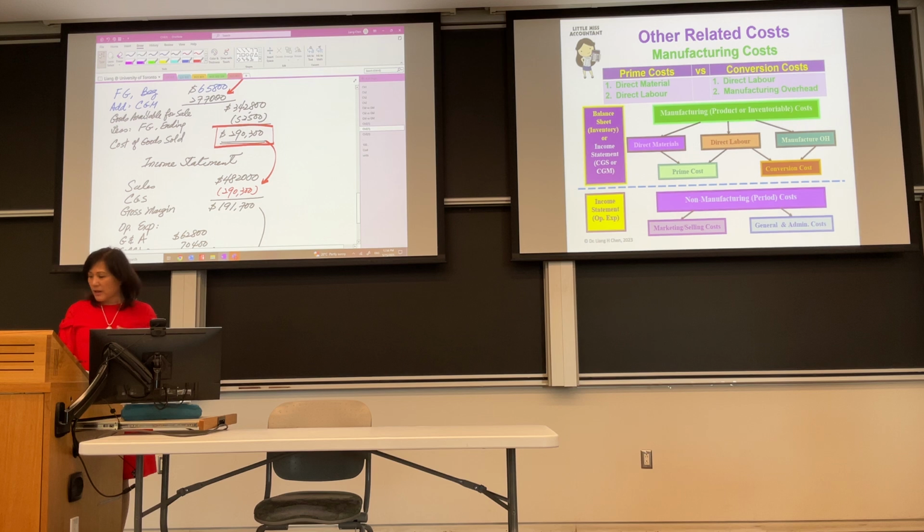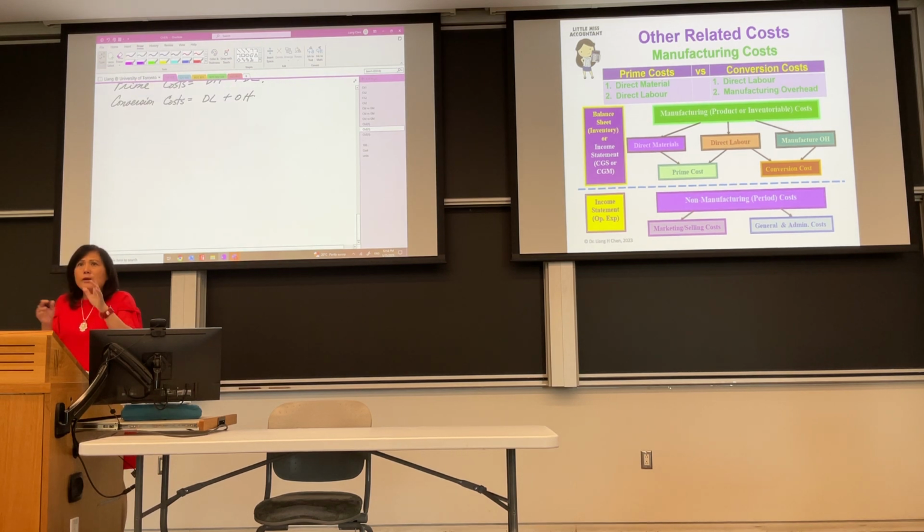For example, I will say, I want you to know the relations among the three costs, okay? Because in the next accounting class, you need to figure out the ratio, okay? So direct material, direct labor, manufacturing overhead costs. These are the three costs to make the product. Suppose I say direct labor is 40% of the conversion cost, but also 60% of the prime cost.